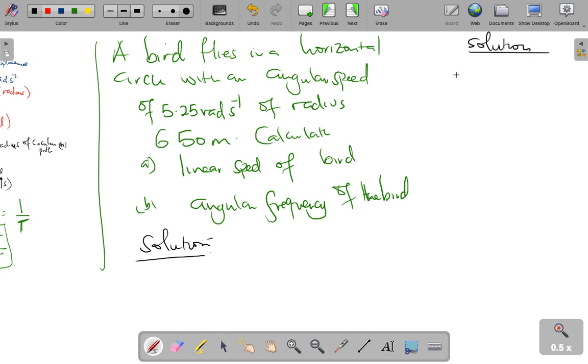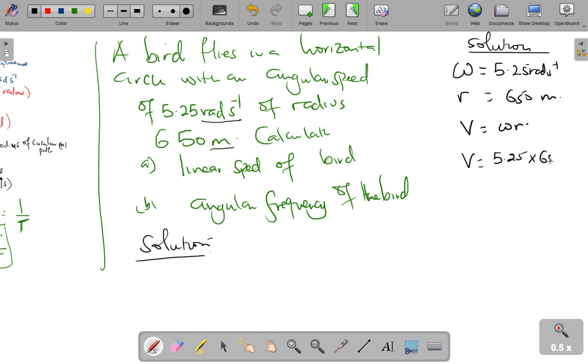We first identify what we have been given. First of all, we have been given omega as 5.25 rads per second, and we have been given R as 650 meters. So linear speed V is equal to omega R. Since everything has been given in standard units, we don't need to convert anything.